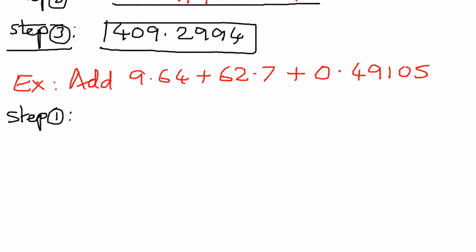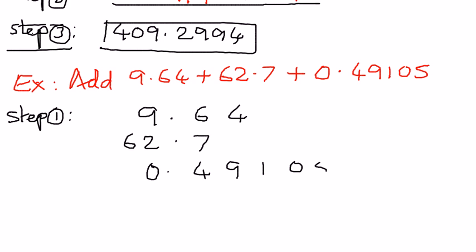In step number 1, we said we'll write down the numbers and align the decimal points for each of these numbers in a vertical manner. So 9.64 is the first number, and the second number is 62.7, and the third number is 0.49105.